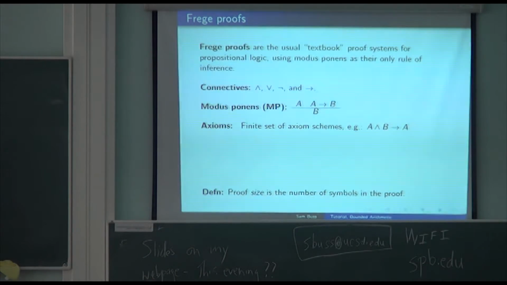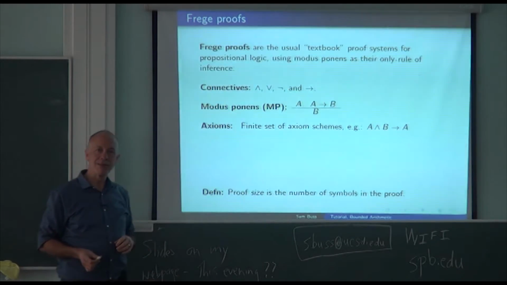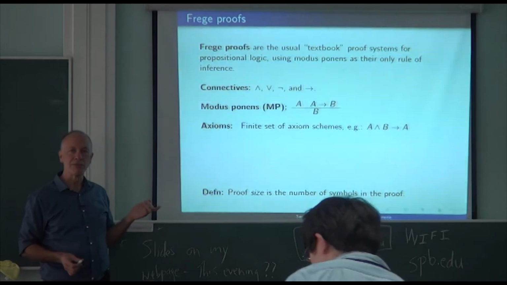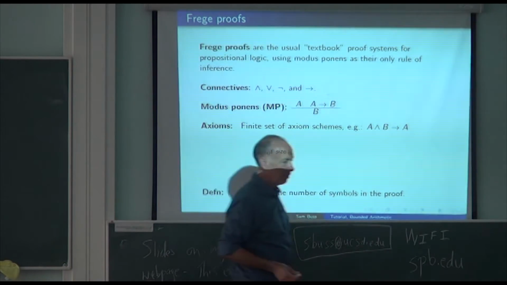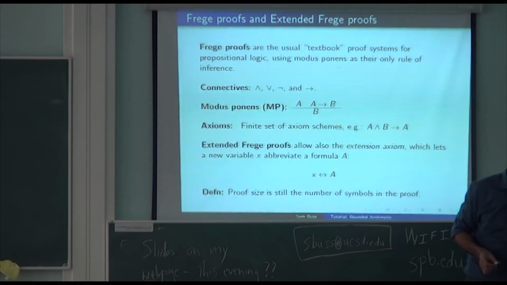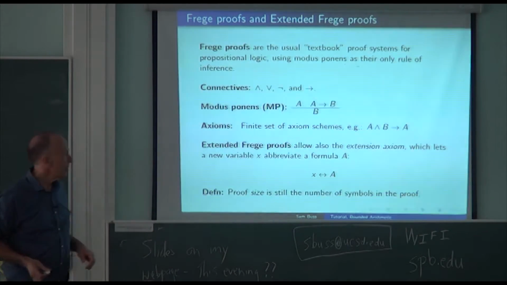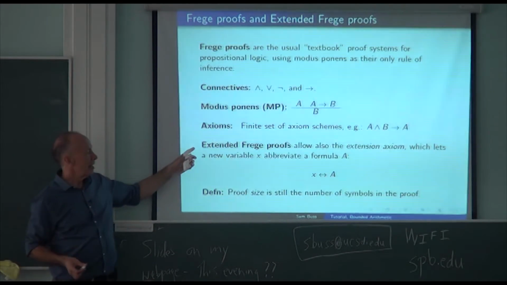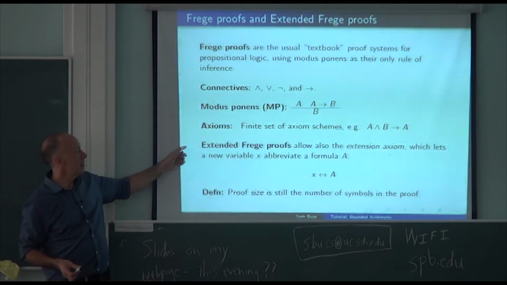Okay. And we're interested in the complexity of the proofs, by which I mean merely the size of the proofs, the number of symbols in the proof. So the definition of proof size is the number of symbols. And then as an augmentation of Frege proofs, we have extended Frege proofs. Extended Frege proofs allow an extra kind of axiom, called an extension axiom, which is basically the following.